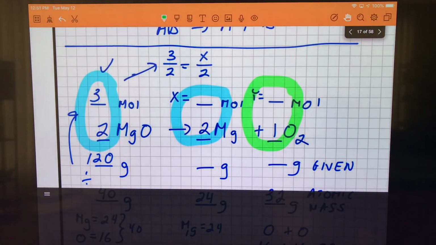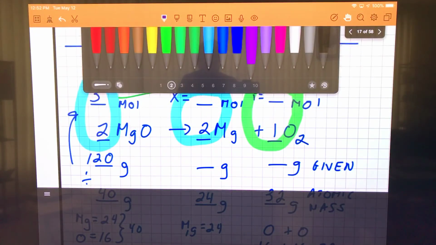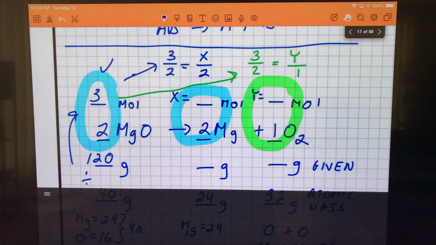So I'm going to use the same one from there, 3 over 2, because that was my limiting one, is equal to now Y over 1. So I have 2 of these problems to solve. If you go ahead on through and figure up the first one, 3 over 2 equals X over 2, well, that one's going to be 3. And 3 over 2 equals Y over 1, that one is going to be 1.5.